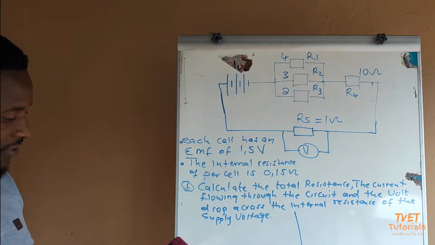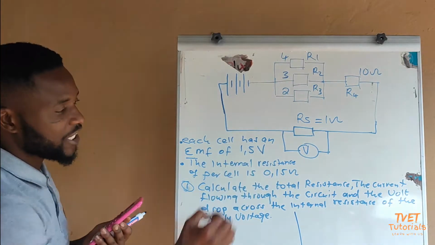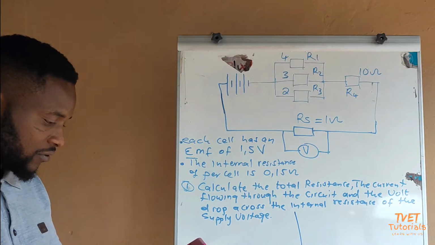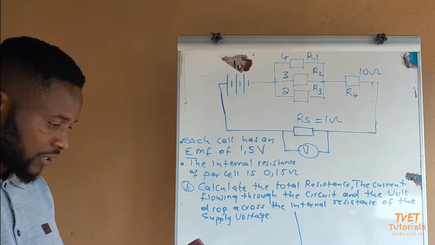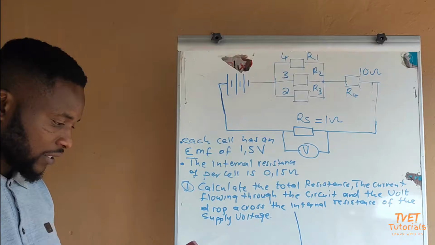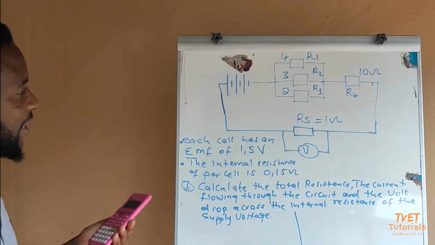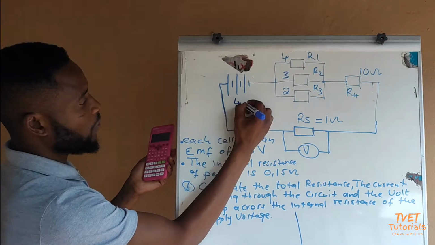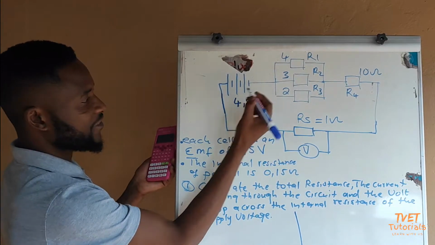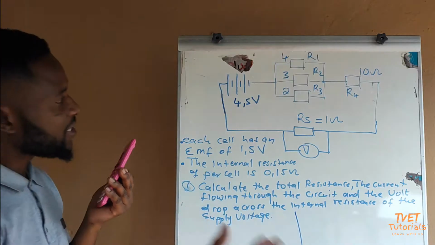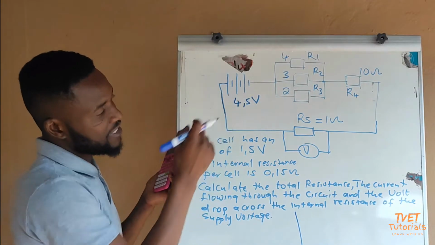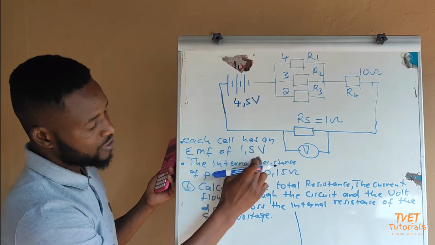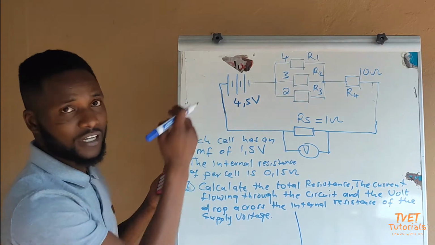You have 3 cells multiplied by the voltage across each cell, which is 1,5. So now the total EMF is 4,5 volts. Let me say it again: we determine this value, 4,5, by multiplying the voltage across each cell by the number of cells.